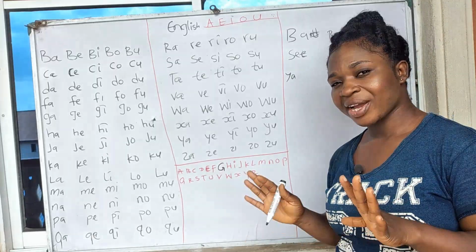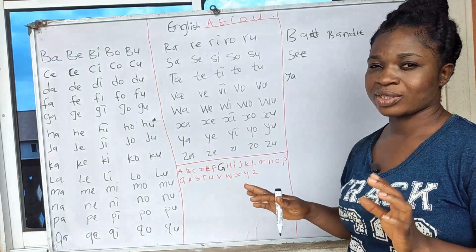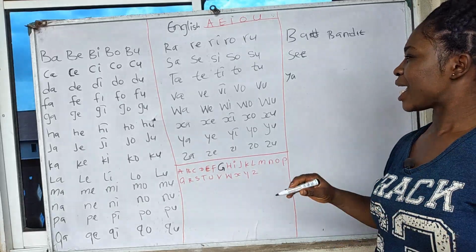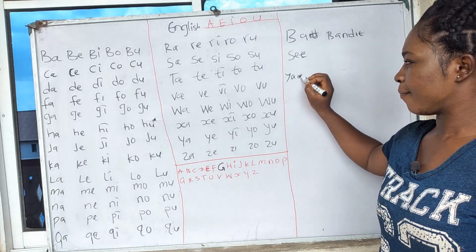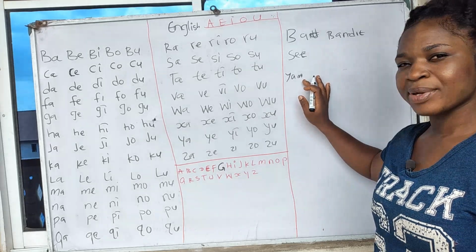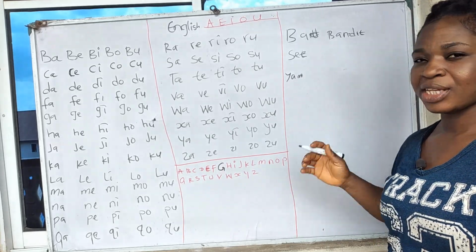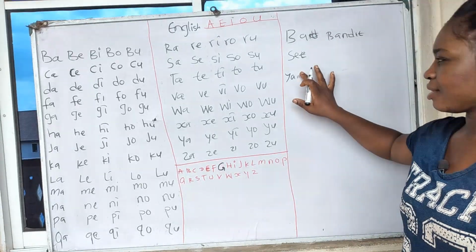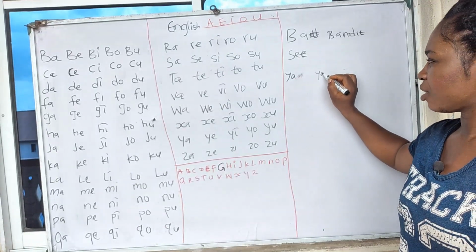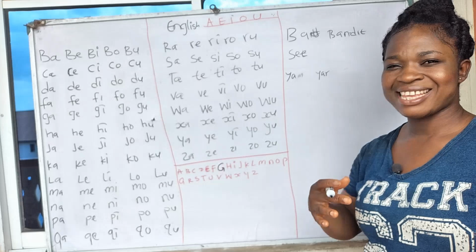Now, for example, you can have the YA sound, and when I choose to add the M here, you have yam. This is yam. And now when you decide to eliminate this and you have this, you're going to see that this is ya.